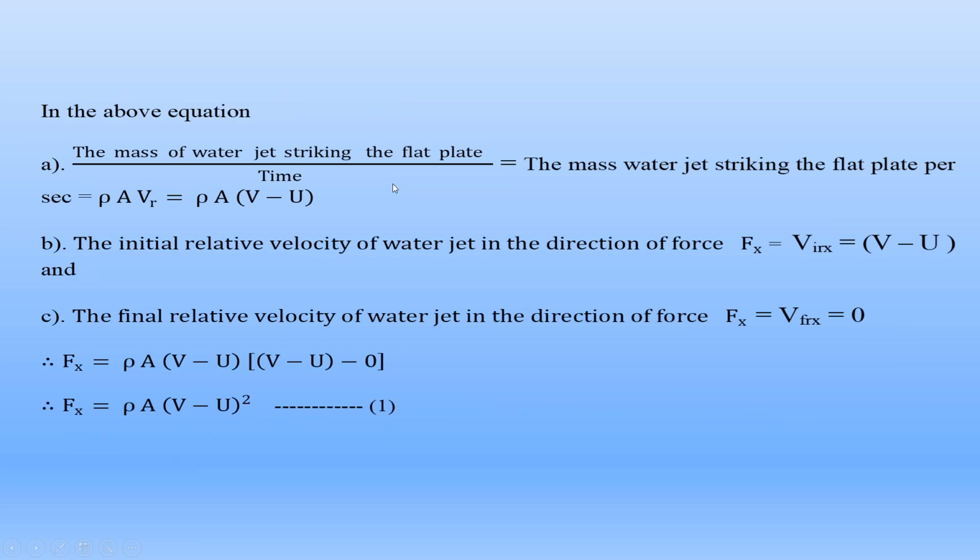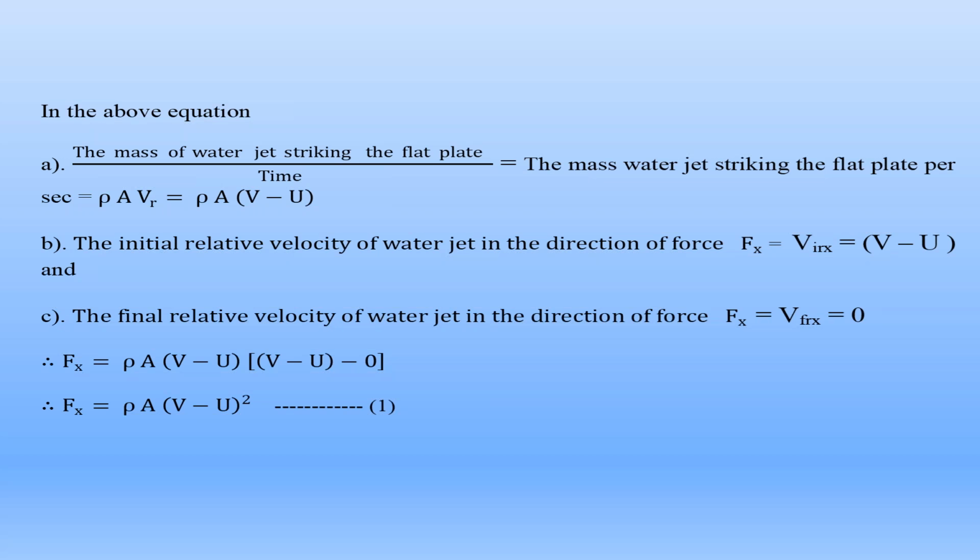So coming to the right hand side of the force Fx equation, the mass of water jet striking the moving plate per second is rho A into relative velocity VR. Because the plate is moving, the water jet strikes the plate with relative velocity VR.